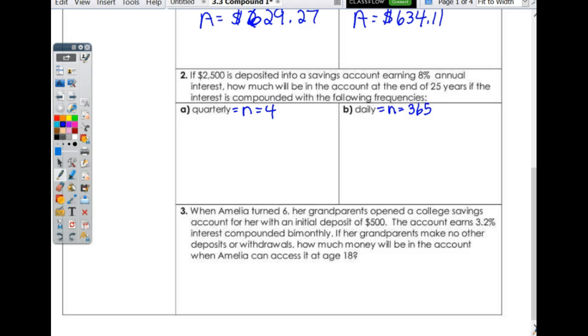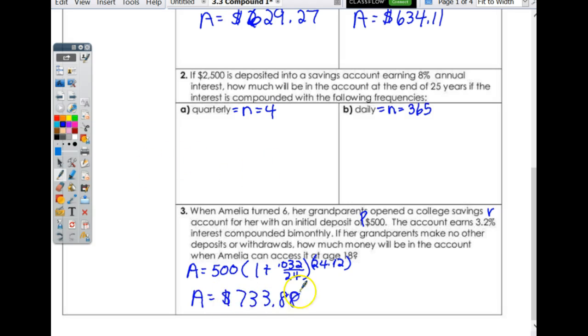Okay. Everybody set up what you think it's going to be. So this is if you use twice a month, bi-monthly.